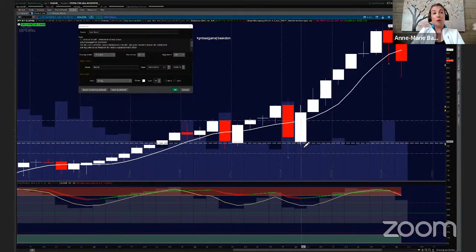So what do I do? I wait for the limit order to be put in after the price action has bounced above the support because it gives me a defined risk. All right?